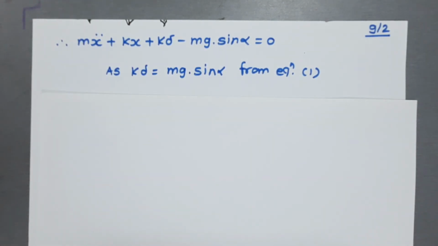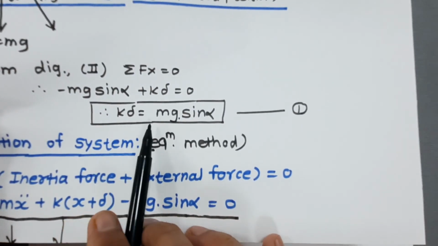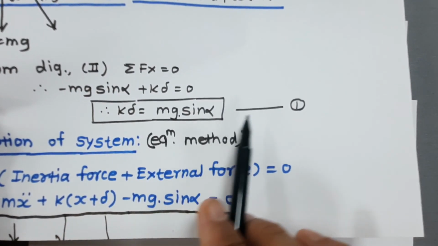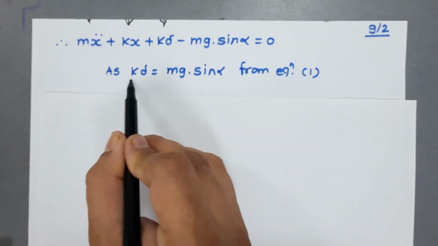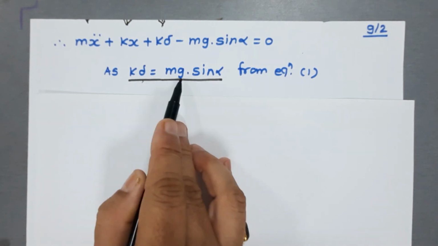Now observe in equation number 1, we have k delta is equal to mg into sin alpha. This is equation number 1. I have reproduced this equation here again. From equation number 1 we know the k delta value is mg sin alpha.